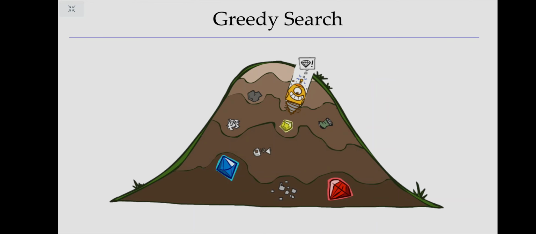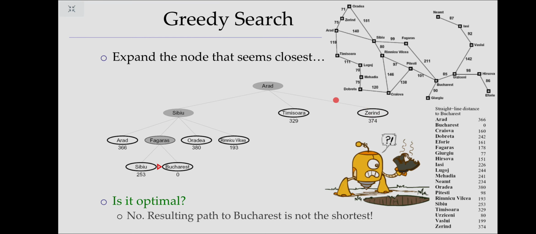This greedy algorithm is a simple way to search different graphs and trees.